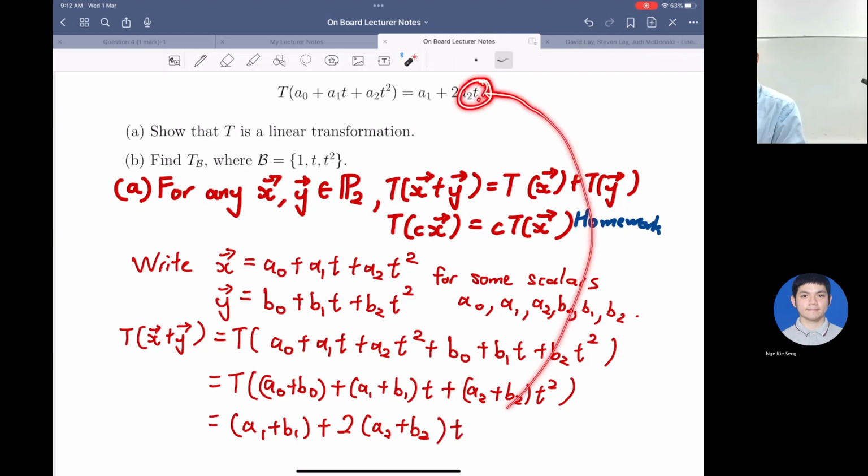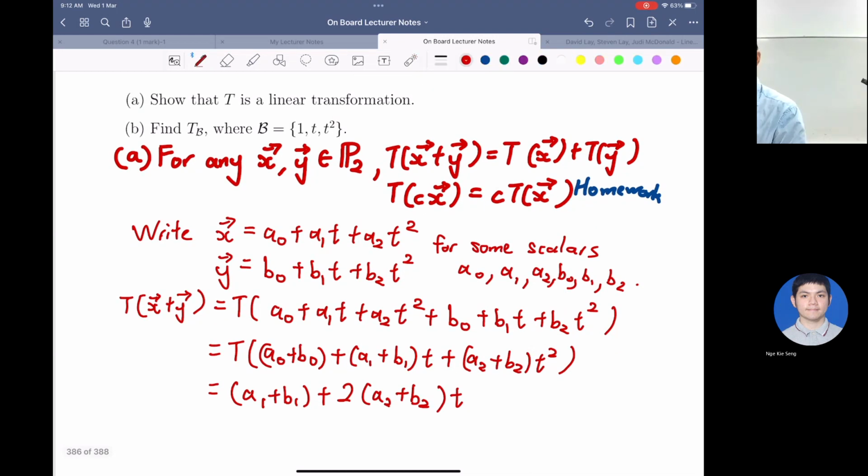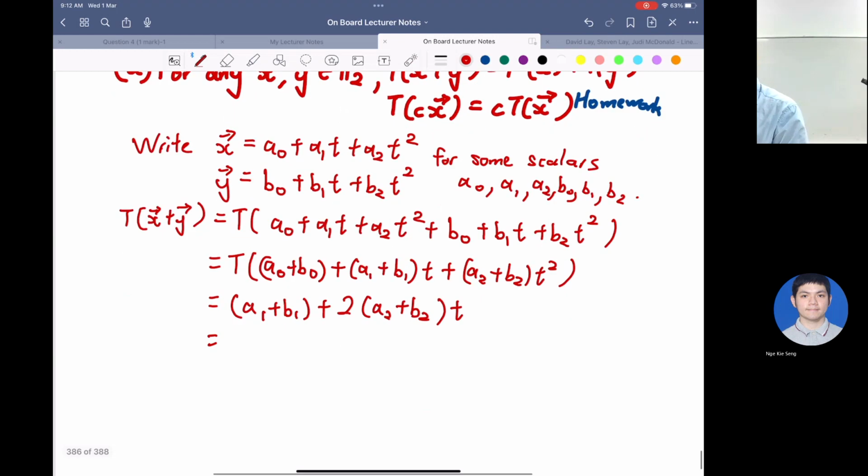Don't forget the times t. Then we need to show that this is equal to T(x) plus T(y).